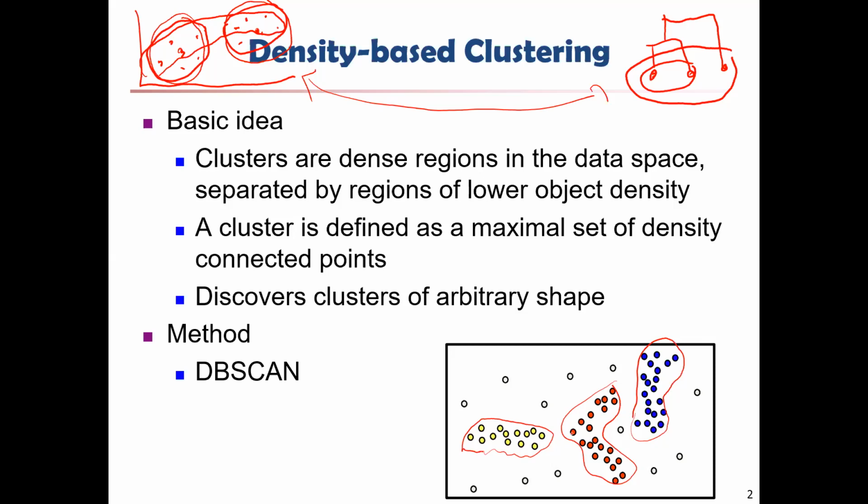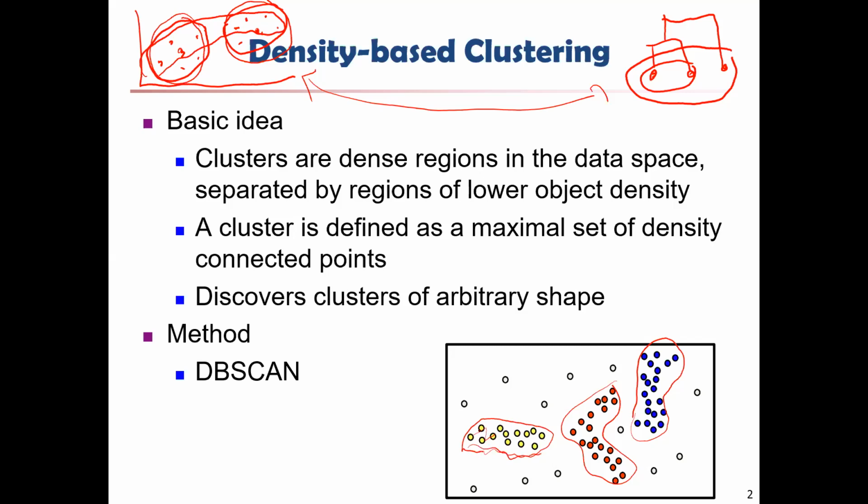Okay, so the idea is basically you are looking for connected points, and the connectedness will be defined based on density. If they are connected through some kind of criteria that we are going to define very shortly, then we are going to claim that, hey, this is a group.